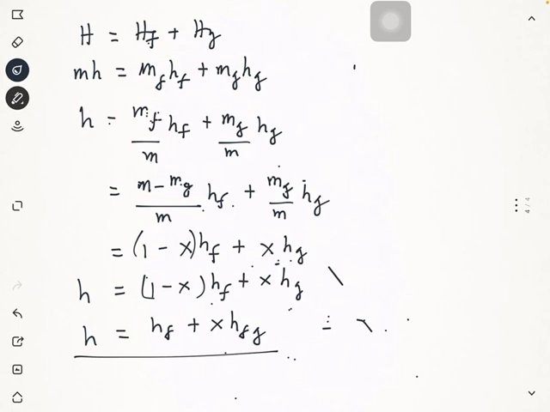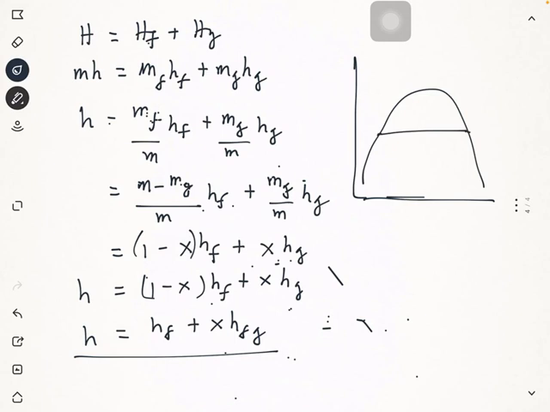And again, this is for pure substance. So if you draw the diagram here, considering the mixture of liquid and vapor, this is the saturated liquid and saturated vapor on the other side. On the left side is hf, the enthalpy of the saturated liquid, and the enthalpy of our saturated vapor here.